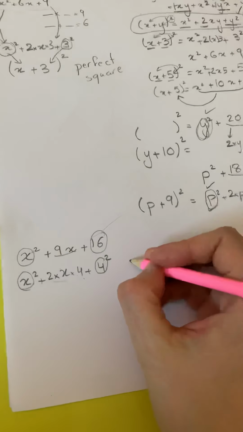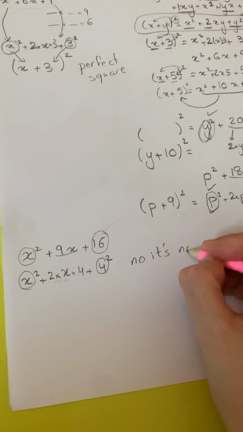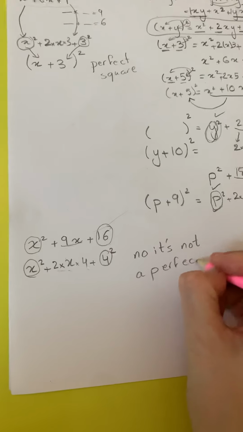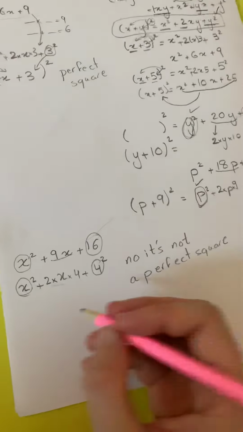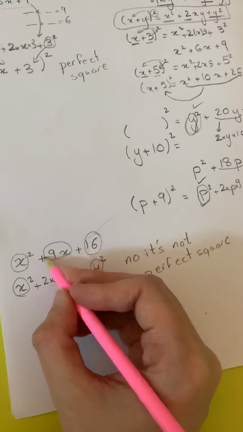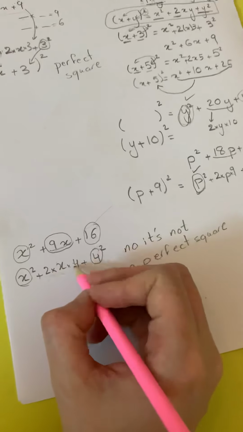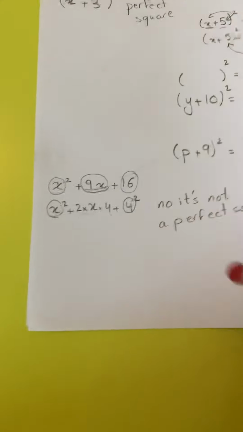It's not 9. So no, it is not a perfect square. So why? Because 9x is not 2 times x times 4. 2 times 4 is 8x.